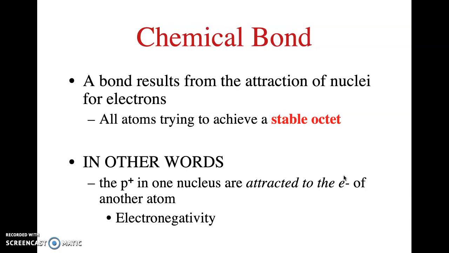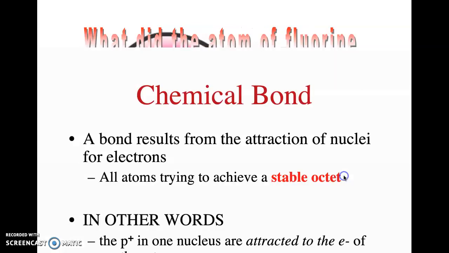And so we're going to see something now put into play called electronegativity. The more electronegative they are, the more intensely they're attracted to each other, and you're going to see that as we go through. If I go a little fast, feel free to push pause or go back and rewind it, whatever you need to do, okay?